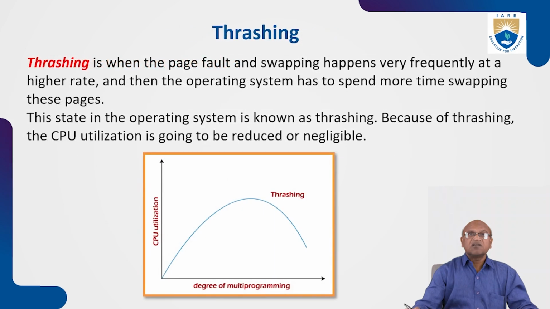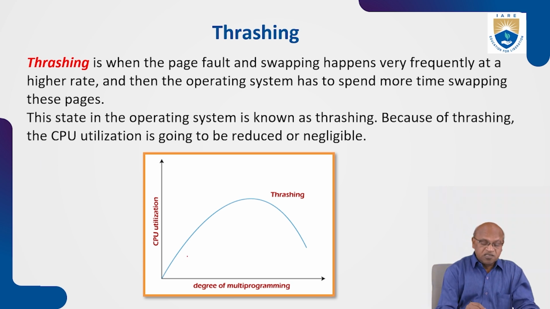Thrashing is one of the main concepts in the operating system. Thrashing is when page faults and swapping happen very frequently at a higher rate, and the operating system has to spend more time swapping pages in and out. This state in the operating system is known as thrashing, because in thrashing, the CPU utilization is reduced or negligible. If you look at this diagram, this is CPU utilization and this is the degree of multiprogramming.